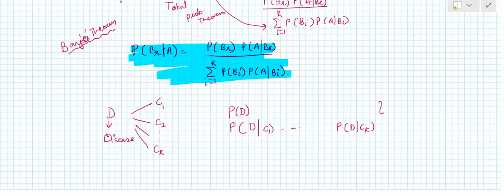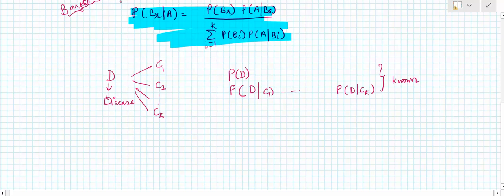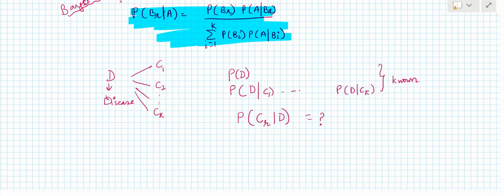So these things are known. But we are sometimes interested in, given the disease has already happened, what is the probability that this disease is caused by the rth cause? This is an important scenario where Bayes theorem is quite useful, and there are other situations as well where we can use it.